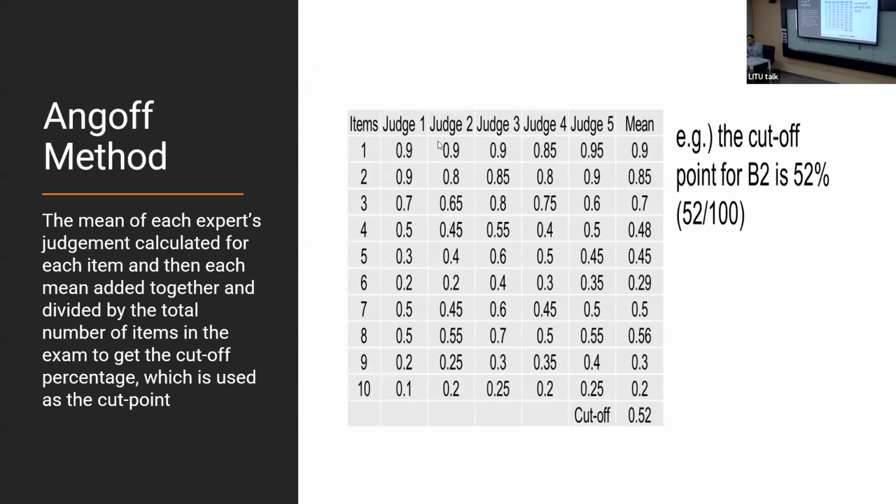Then you calculate the average of each item, and then you average all the means of the 5 judges' probabilities. It'll give you the cut score, 52%. Make sure for the cut point we always use the percentage, okay? 52%. But it's quite demanding.